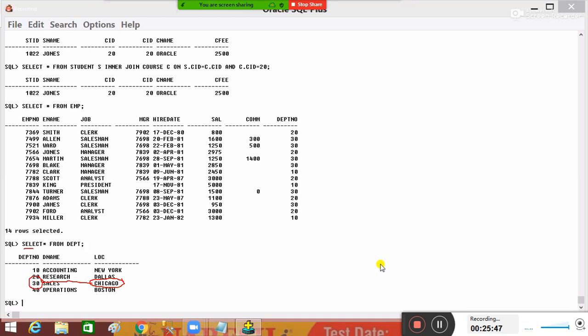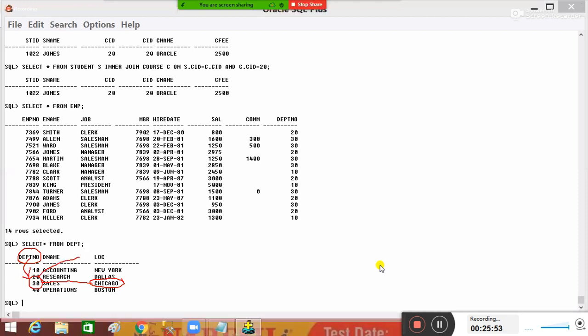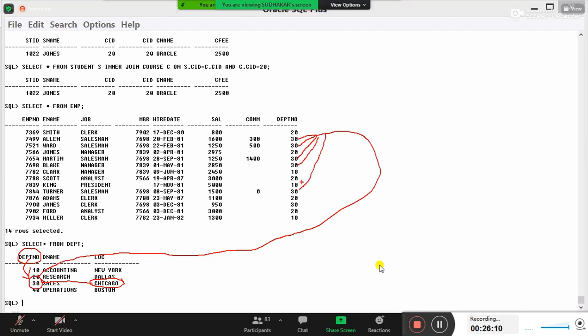So how many times does this 30 match? One time, two times, three times, four times, five times, and six times.